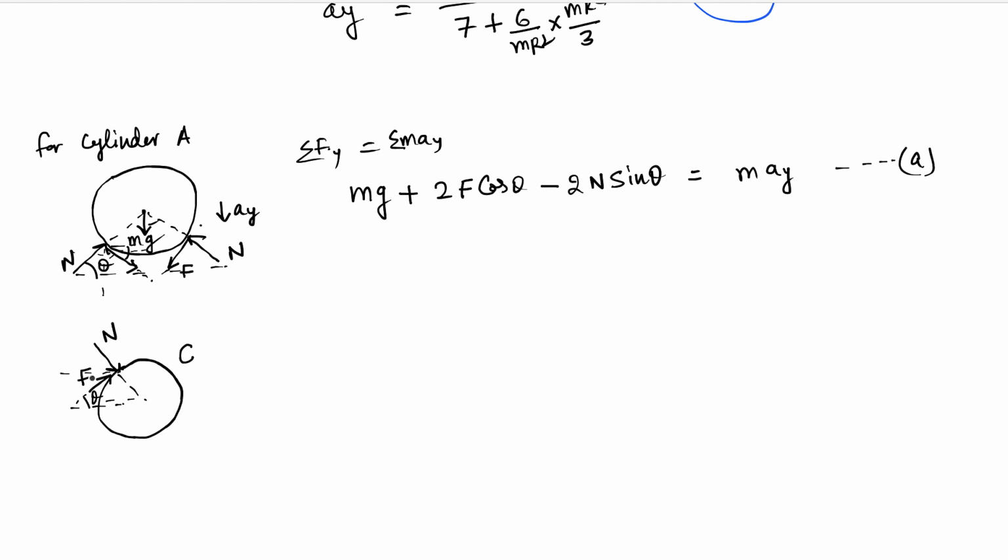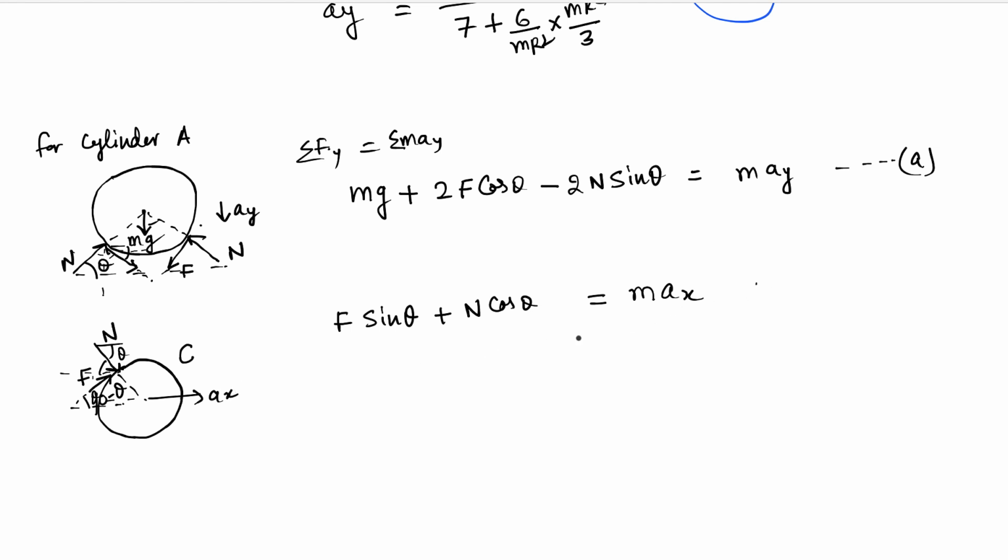So the equation will be F sine theta plus N cos theta equal to M ax. We assume that ax is the acceleration.